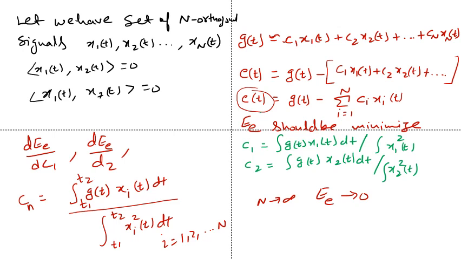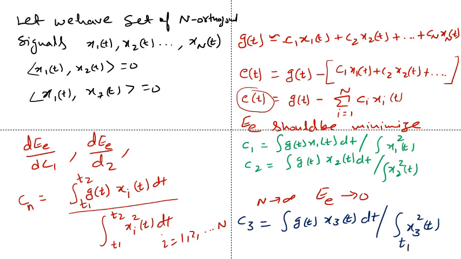Similarly C3 is equal to the integral of g(t) with x3(t) dt divided by the integral of x3 squared(t), with limits t1 to t2.